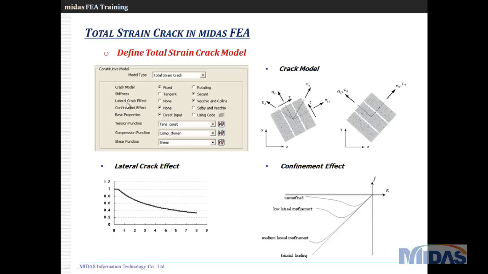The next thing is lateral crack effect and confinement effect, and the basic properties: tension function, compression function, and shear function. So these are mainly the inputs which we need to put into the program. Let's discuss it one by one, that is, how the program considers the compressive behavior or the compression softening and the tension behavior as well.